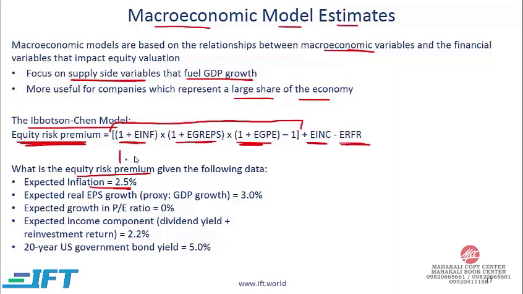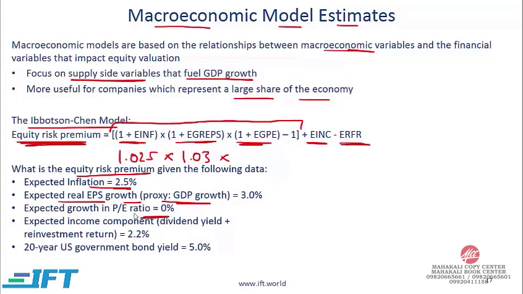So you can say 1.025 multiplied by this, which is 1 point. The expected real EPS growth rate, and a proxy for that often is GDP growth. So this becomes 1.03 multiplied by 1 plus the expected growth in PE.